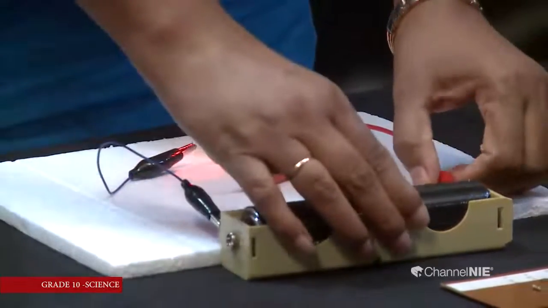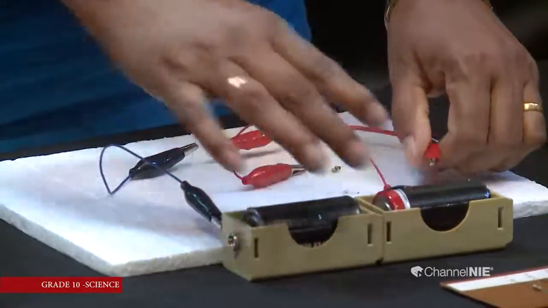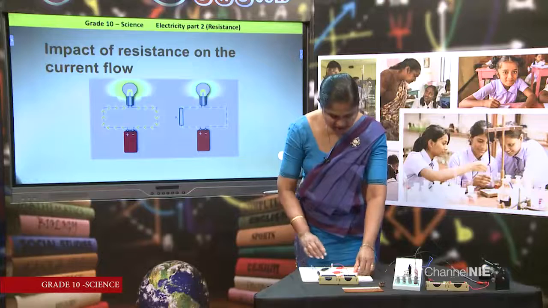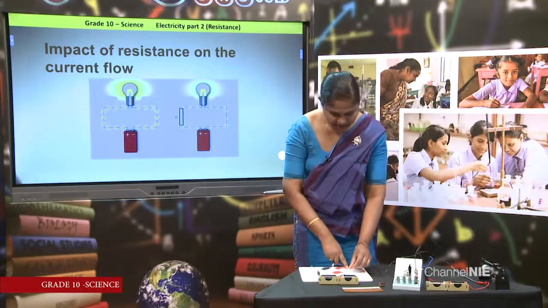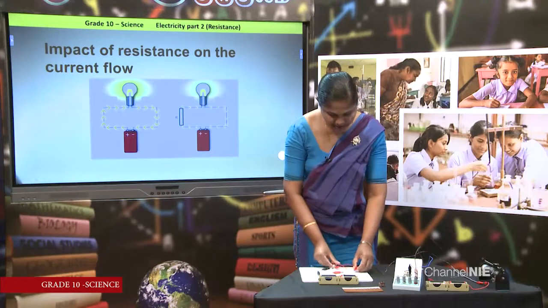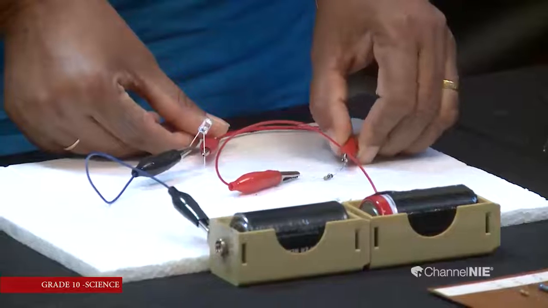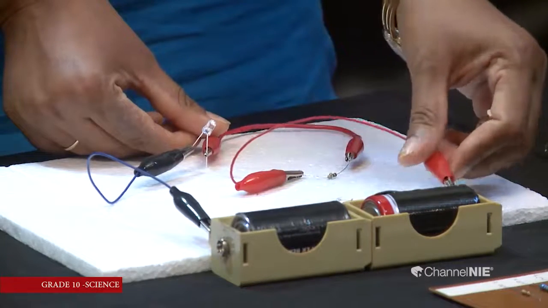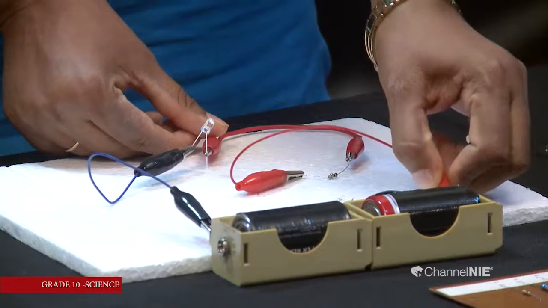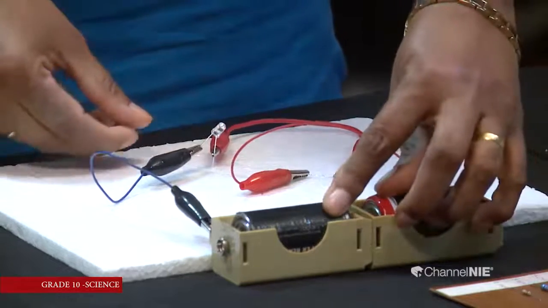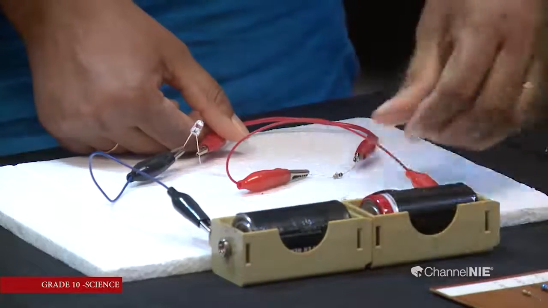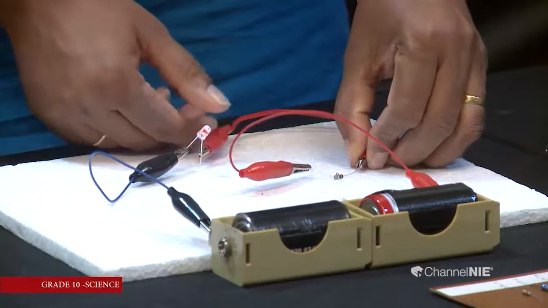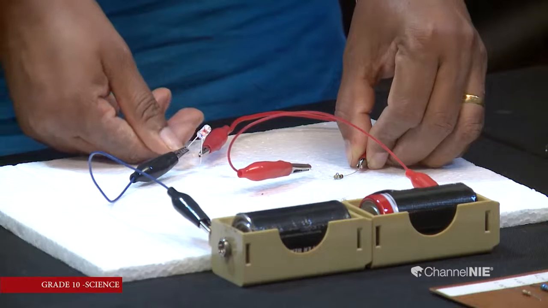Now, I am going to connect the same circuit with the same cells to a resistor. Here I have a small resistor. Now, I am going to connect this. See what will happen to the brightness. When the resistor is connected, now look at the brightness.